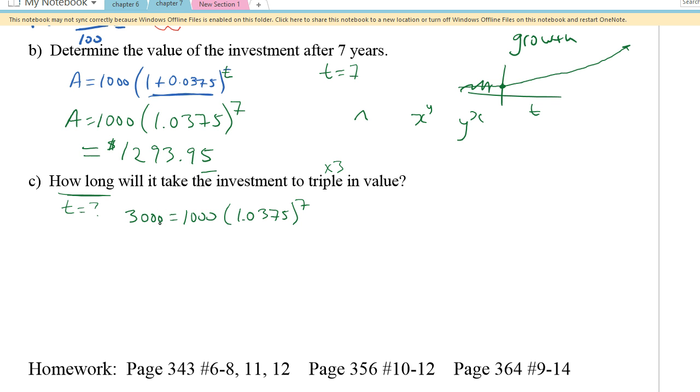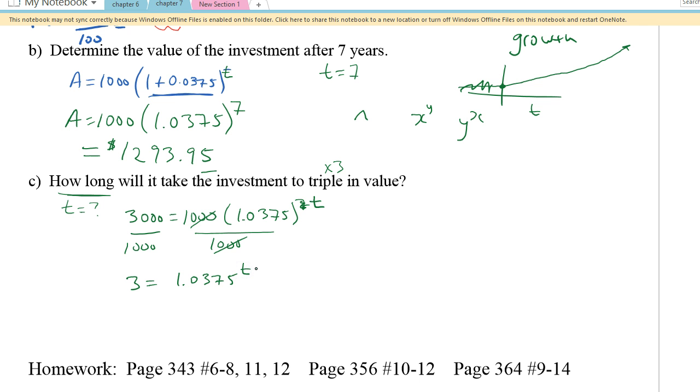The first thing you're going to do is divide both sides by 1,000. Then I get 3 is equal to 1.0375 to the power of t.